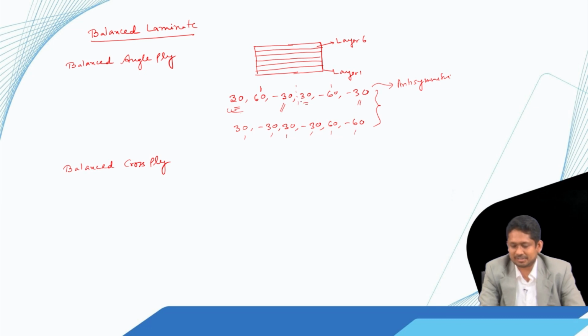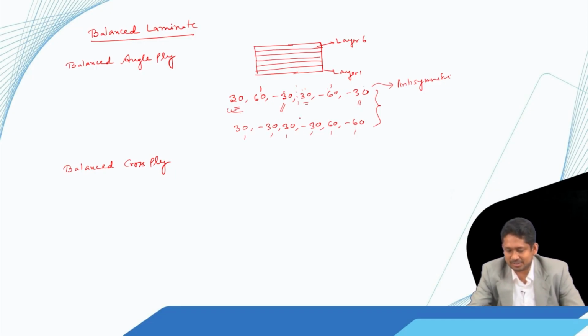If we look at the layer just above the mid layer, layer number 4, and just below the mid layer, layer number 3, they are opposite of each other. Similarly, layer number 5 and 2 are opposite of each other. Similarly, layer number 6 and 1 are also opposite of each other.